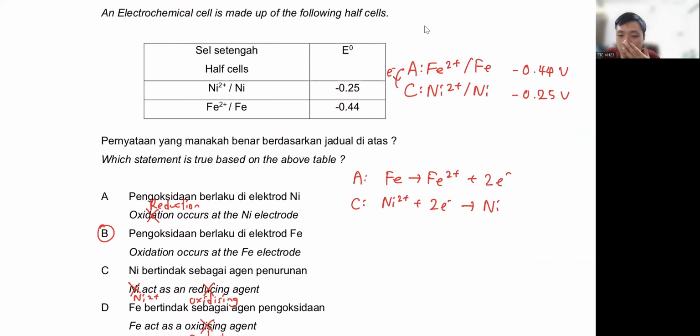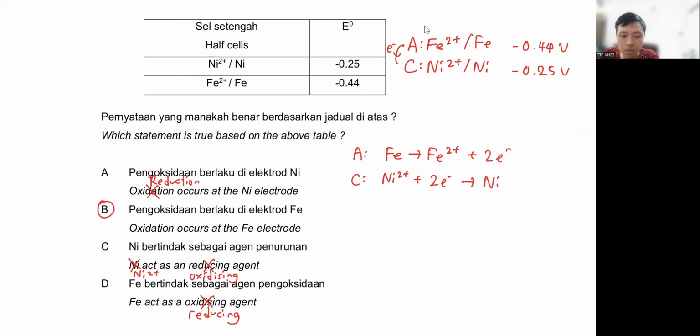So which one is oxidation? Oxidation is at the anode. The cathode is reduction. So reduction is at the nickel electrode. B is actually correct. C, Ni2 plus is the one that undergoes reduction. It means this one is the reducing agent.